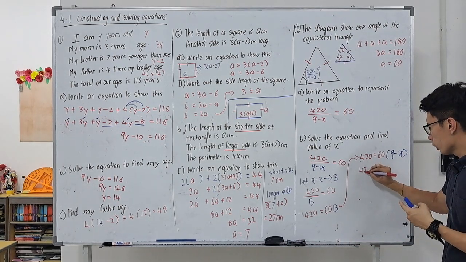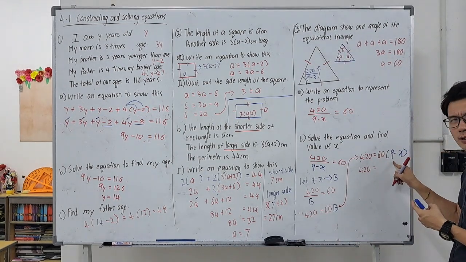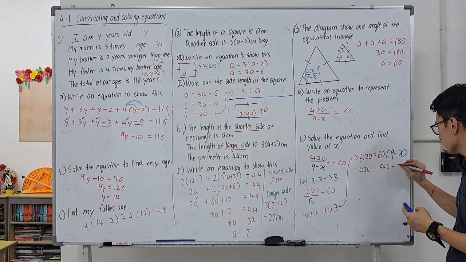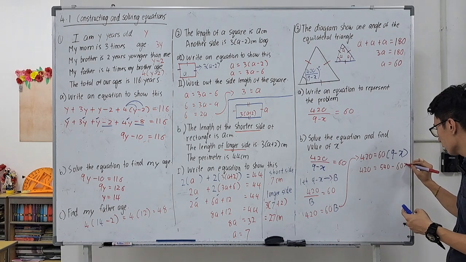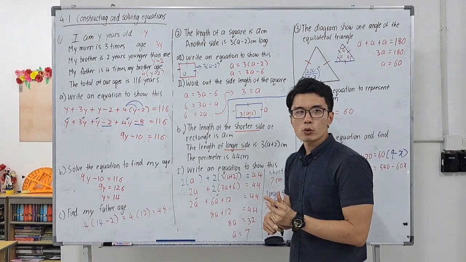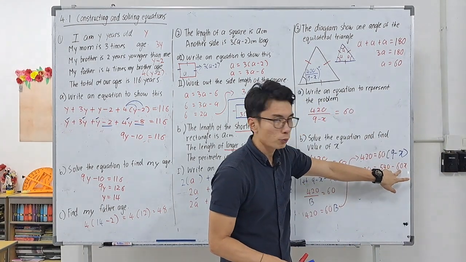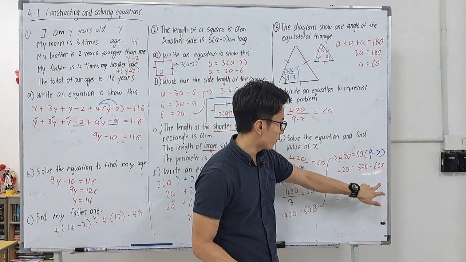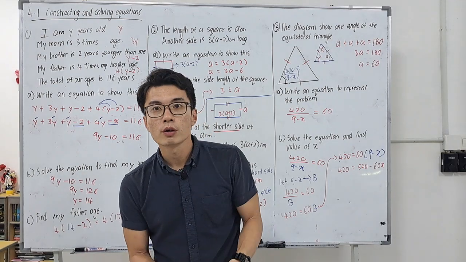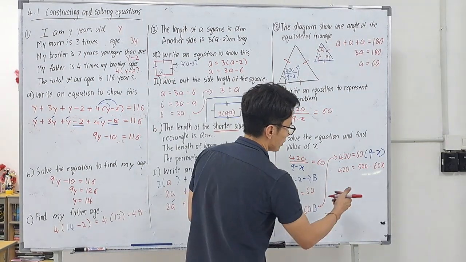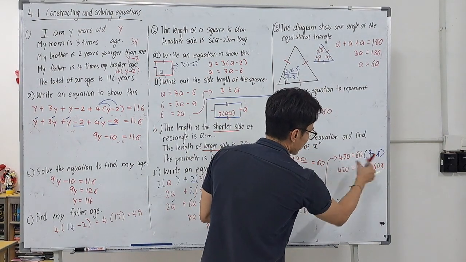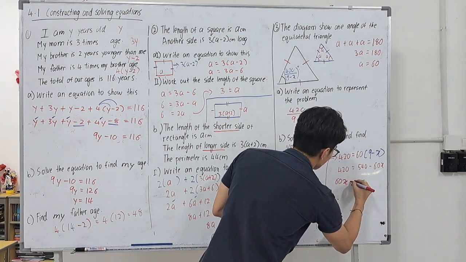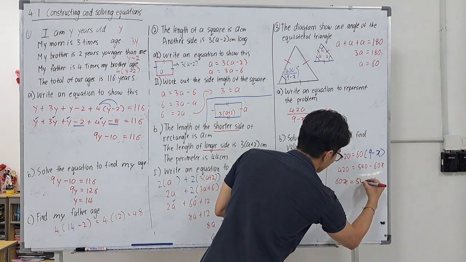I have 420, and I expand this, so that gives me 540 minus 60x. My last part over here, I want to make positive because that's easier for me to deal with. So I move this negative 60x over, which gives me 60x. 540 stays over here.